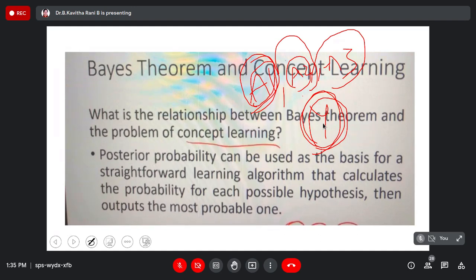In this way we make the machine learn the concept. As the machine learns the concept, if any new data is given, it will be able to generalize and predict for the new data point. This is called concept learning.